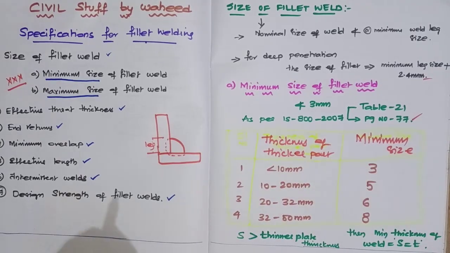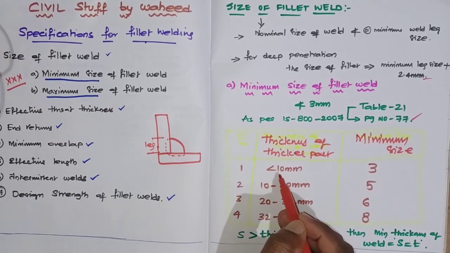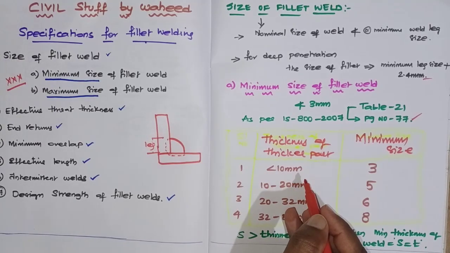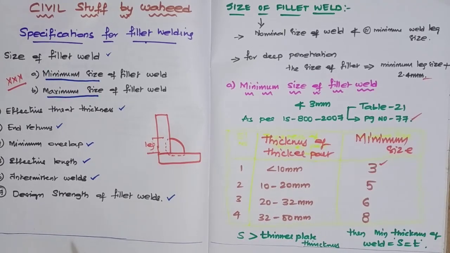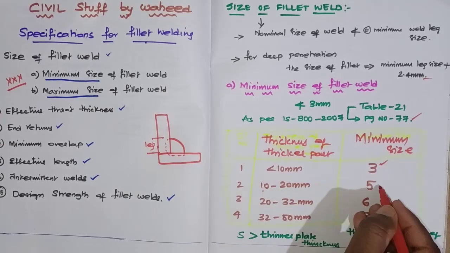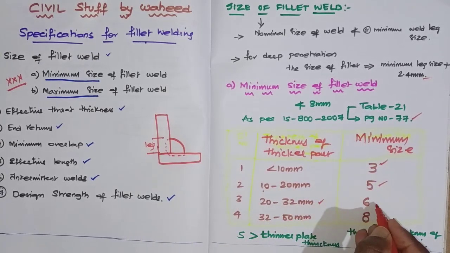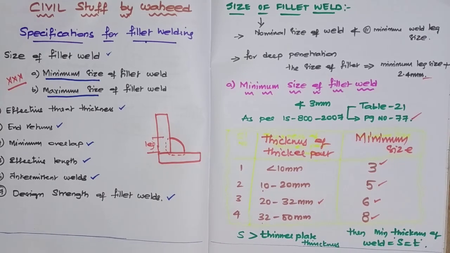If a plate or flat is less than or equal to 10 mm, the minimum size is 3 mm. For 10 to 20 mm it is 5, 20 to 32 it is 6, and 32 to 50 it is 8.